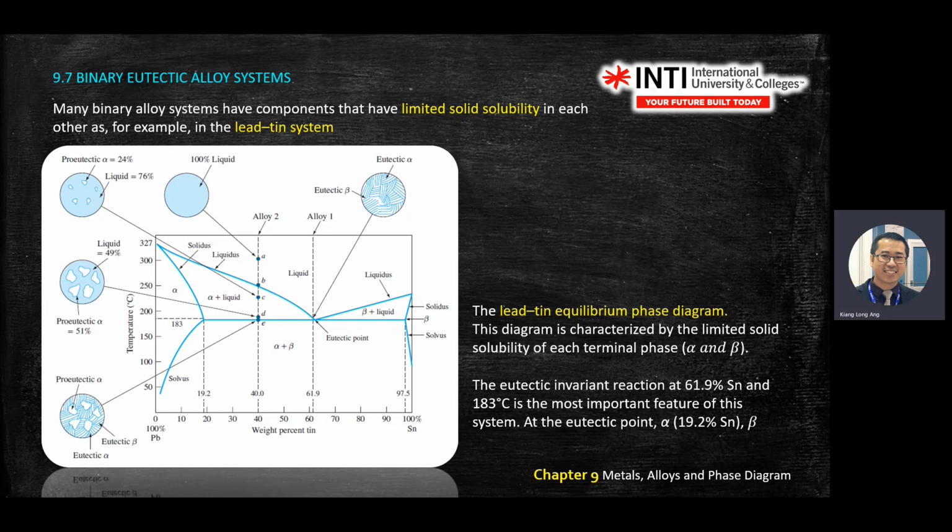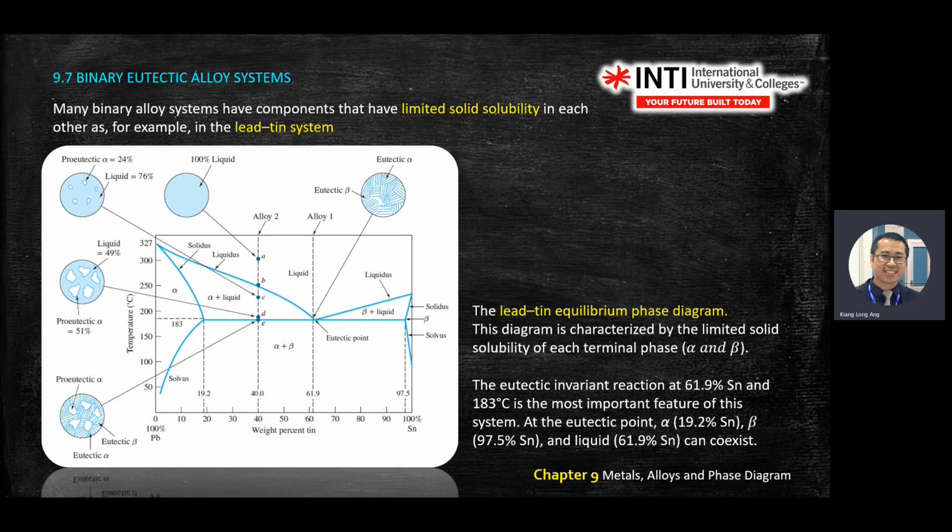At the eutectic point over here, you have alpha at 19.2% Sn, this one here, beta at 97.5%, and liquid at 61.9%. There is some calculation to get these numbers, and we're going to show you how to get all of them.